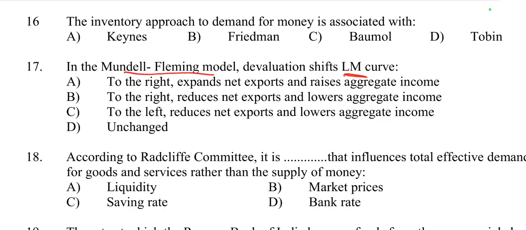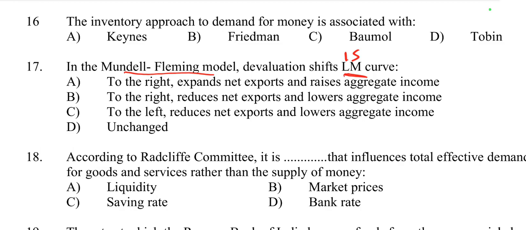So in the Mundell-Fleming model, devaluation shifts the IS curve, not the LM curve, because a devaluation leads to an increase in net exports by making domestic goods cheaper for foreign buyers and foreign goods more expensive for domestic consumers.